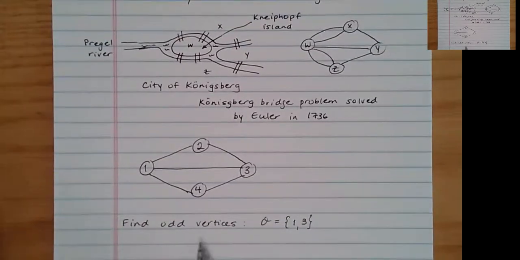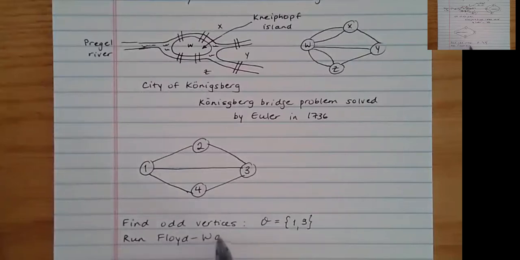And the second step says to use the Floyd-Warshall algorithm to find the length of the shortest path in the graph between each pair of vertices in this set O. So we call it O for odd. So we can run Floyd-Warshall.